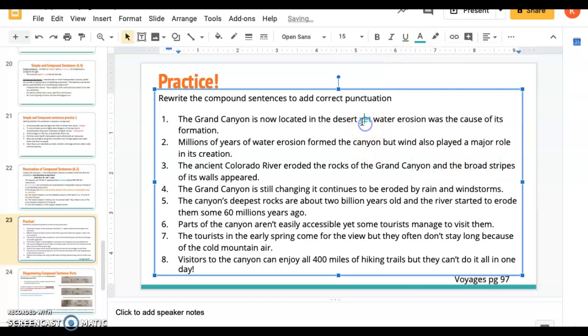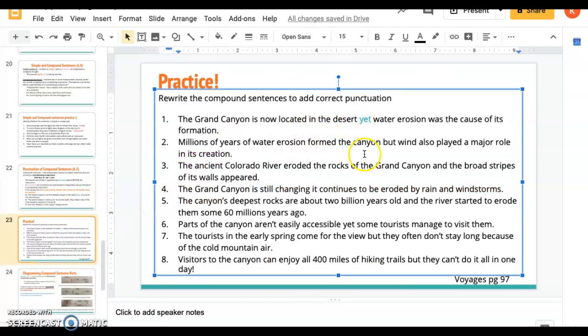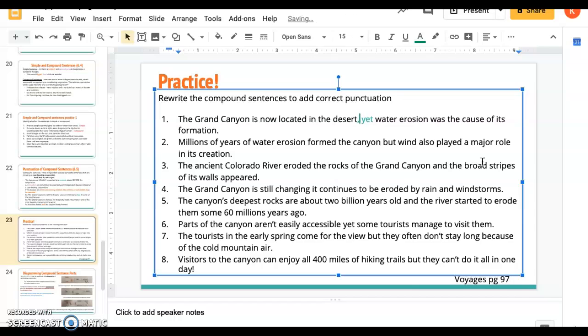Because I see the word yet, and I know that based on the last slide, it is a coordinating conjunction, I'm going to add a comma before the coordinating conjunction, and now my punctuation is complete because I've added that comma in there.